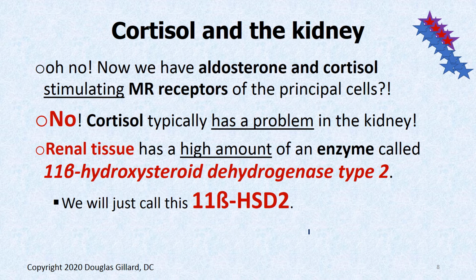Or how about just 11B HSD2? Super important enzyme. In fact, you would have hyperaldosterone-like symptoms if you had a mutation of this, because cortisol would be binding to those receptors of the principal cells and acting like aldosterone. But fortunately, it's a strong, tough gene, and it doesn't usually have trouble.